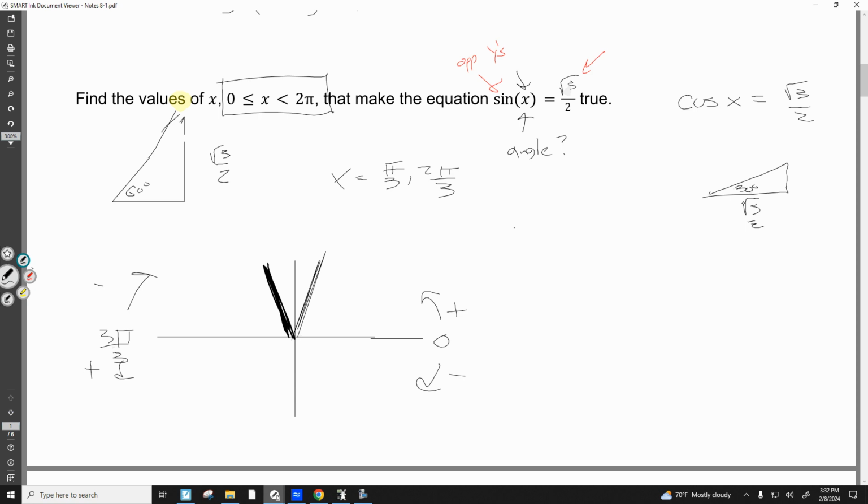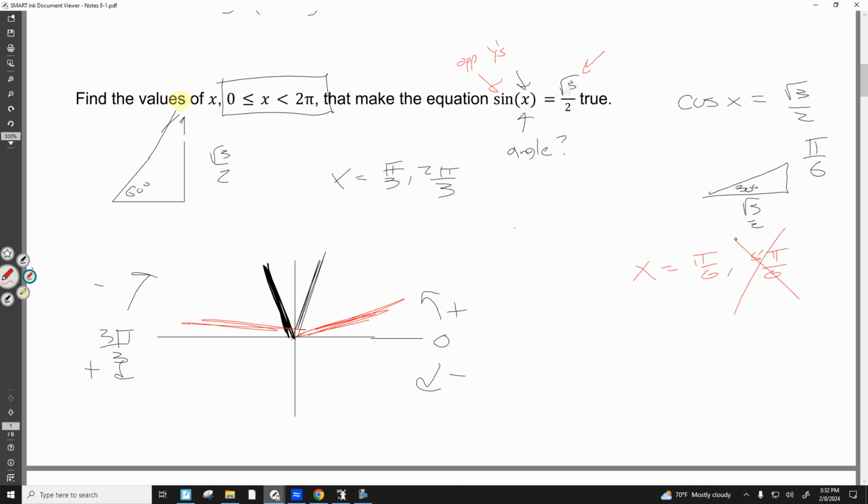And you're like, all right, that's cool, pi over 6. Then you put 5 pi over 6. That's wrong. Cosine of 5 pi over 6 is negative root 3 over 2, guys. Come on, you're better than that. But there's another angle. What's the other angle?